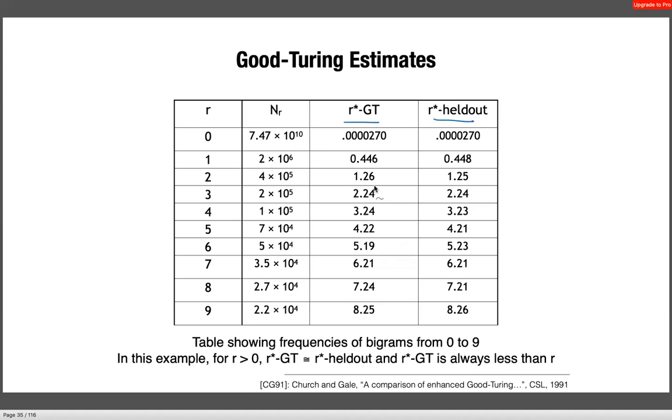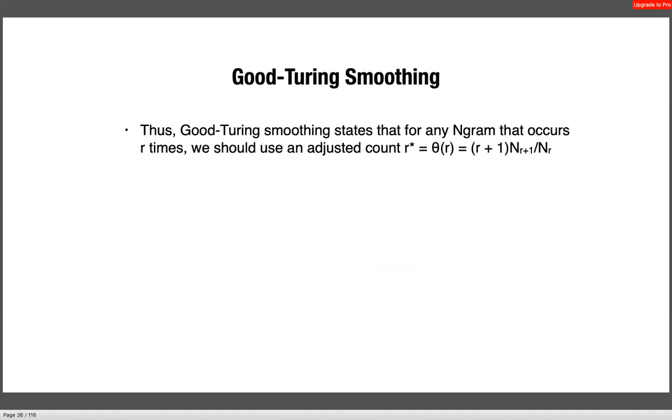So you can see that R star GT is almost the same as R star held out for all these initial values of R, right? So this is a fairly good approximation of these discounted counts if you actually had access to some other held out set.